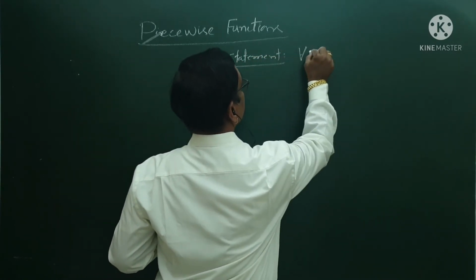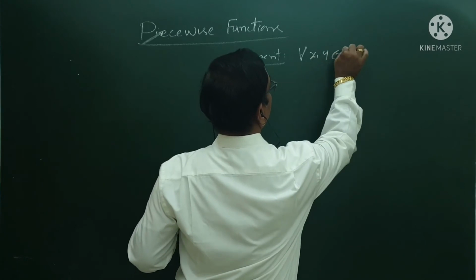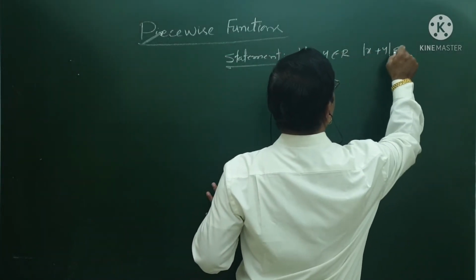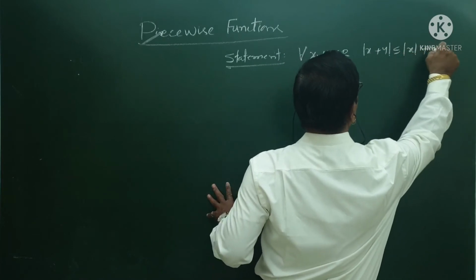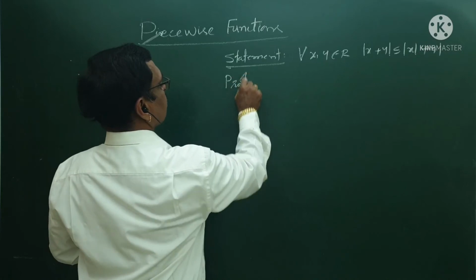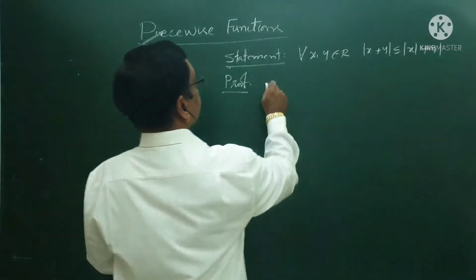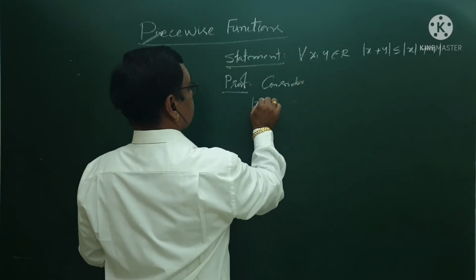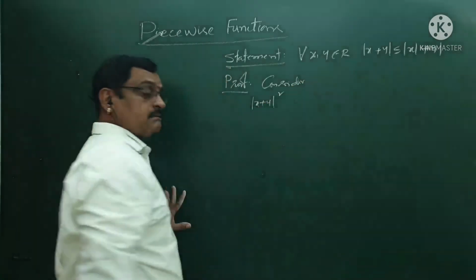For all x, y belonging to the real number set, mod of x plus y is less than or equal to mod x plus mod y. Proof: now consider mod of (x plus y) whole square.